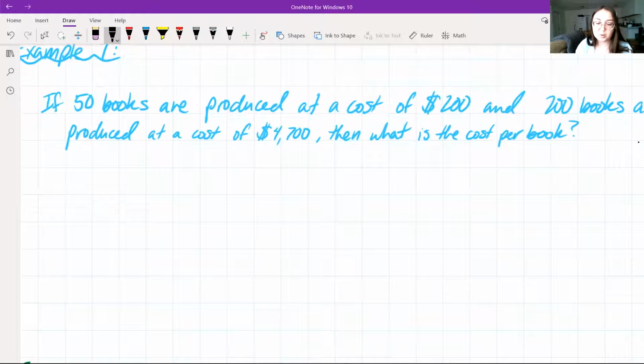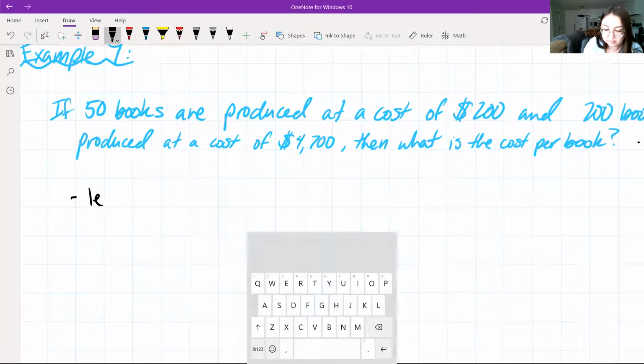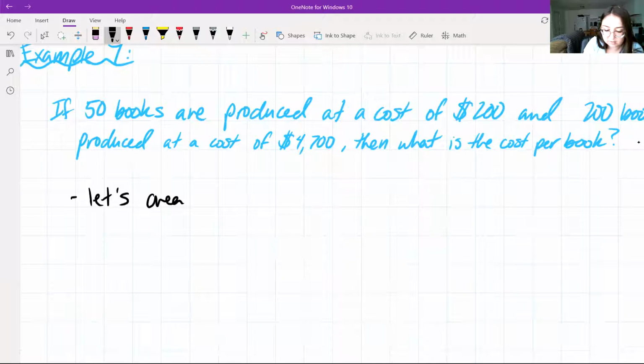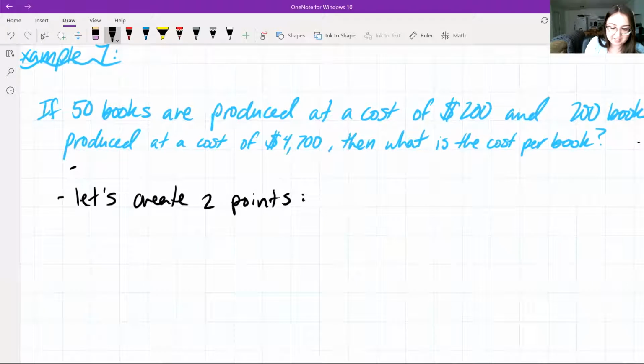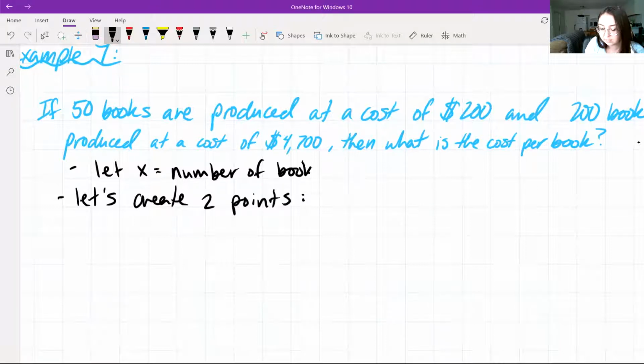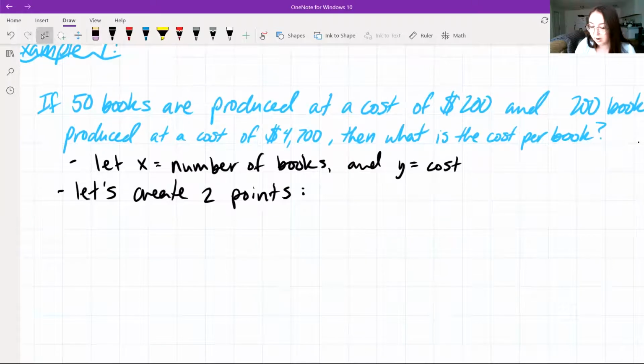So how we're going to do this problem is that we're essentially going to create 2 points. Let's create 2 points. Before this, I'm going to let x be our number of books, and y is going to be the cost of production.